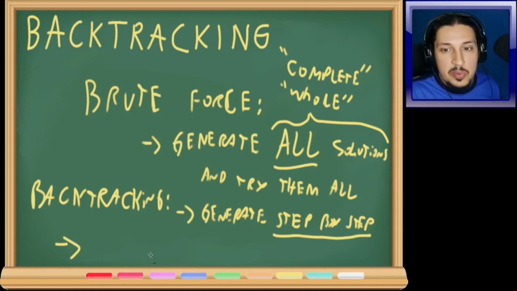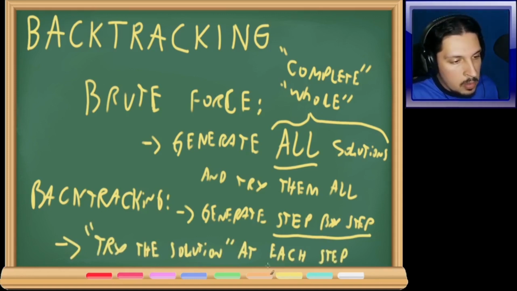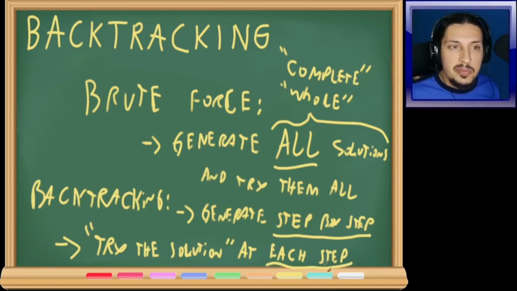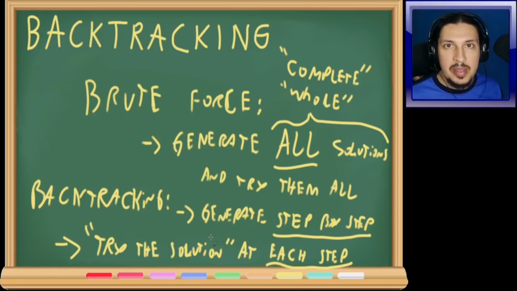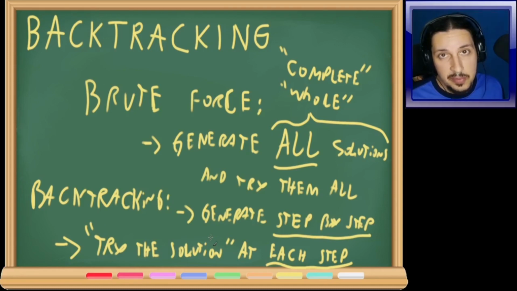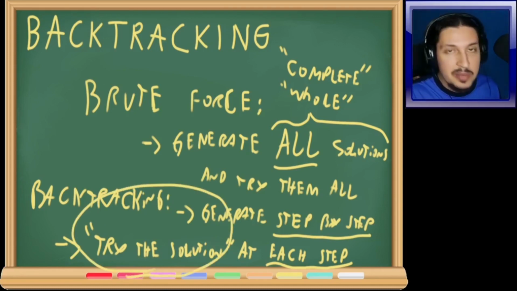Why is it important to go step by step? Because you have to try the solution at each step. That is very important. And again, what does it mean to try the solution? It depends on the problem, but that might be checking that what you have already constructed is still valid. So we have to check even before having a full solution.